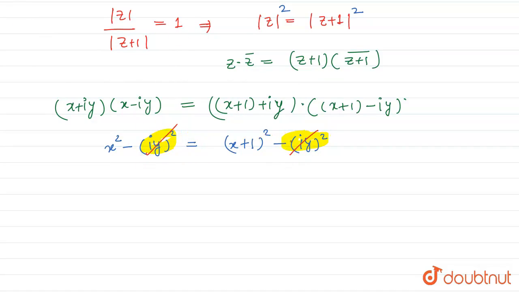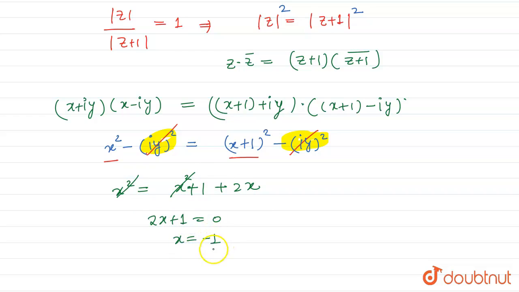Now we are left with x square equals (x plus 1) square. Expanding this square, we get x square equals x square plus 1 plus 2x. Now x square and x square will also cancel out, so it becomes 2x plus 1 equals 0, or x equals minus 1 by 2, right?